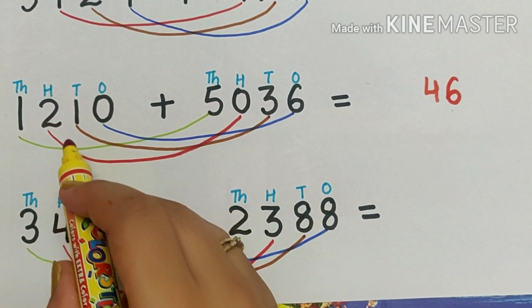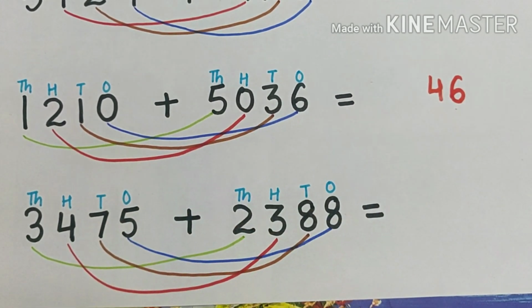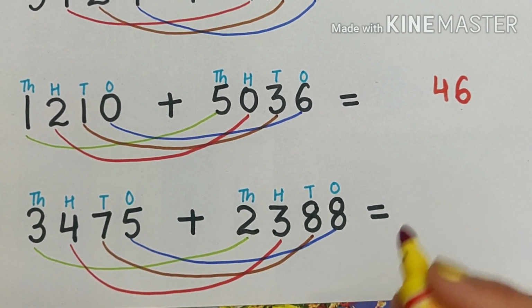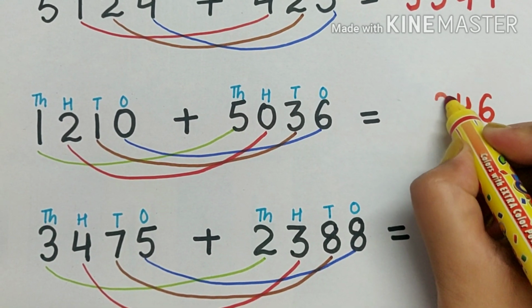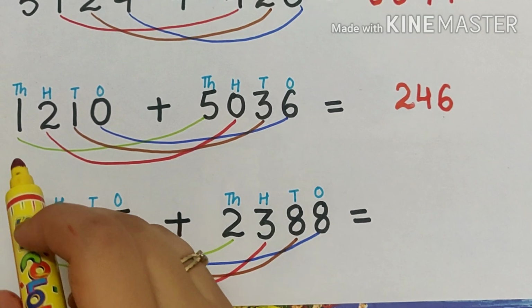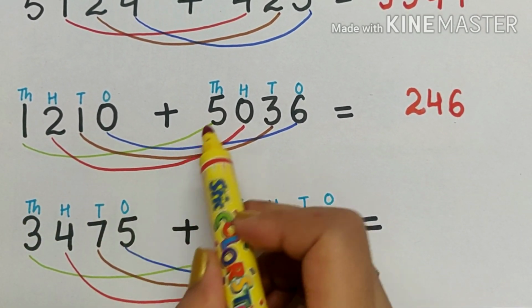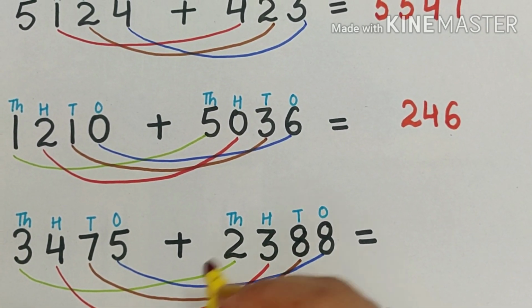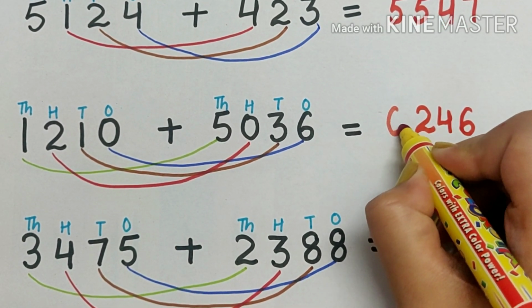Next, 2 plus 0 is equal to 2. Again you will get the same digit. Then 1 plus 5 is equal to 6.